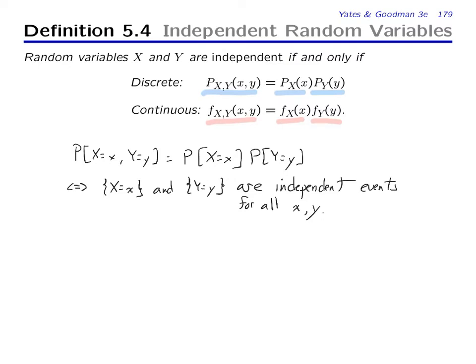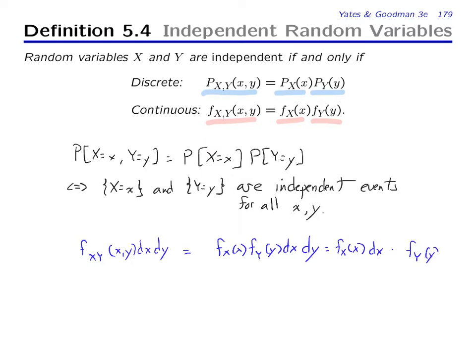For continuous random variables, it's instructive to take the definition and multiply by dx dy. And then to look at this more carefully and say, well, this is the PDF of x times dx times the PDF of y times dy.